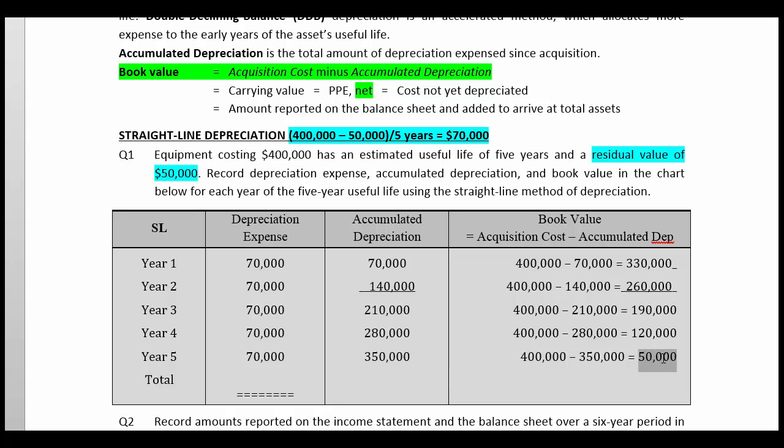And here's 50,000. Here's another cool thing. Total depreciation expense is $350,000. Does that look familiar? That is the depreciable base. 400,000 acquisition cost minus the 50,000 in residual value is 350,000.